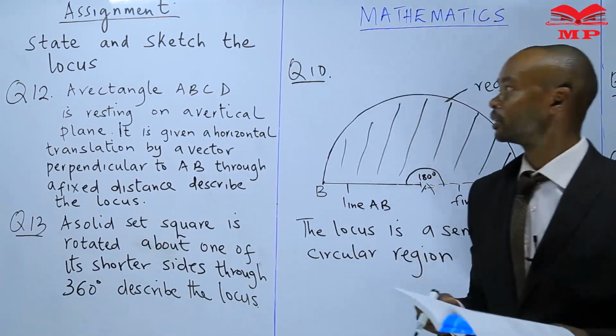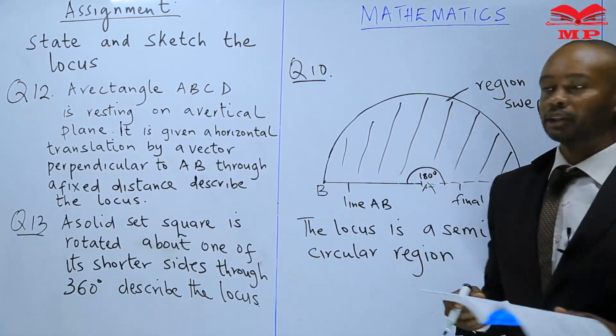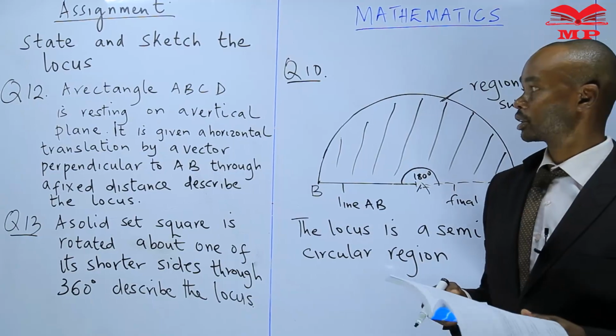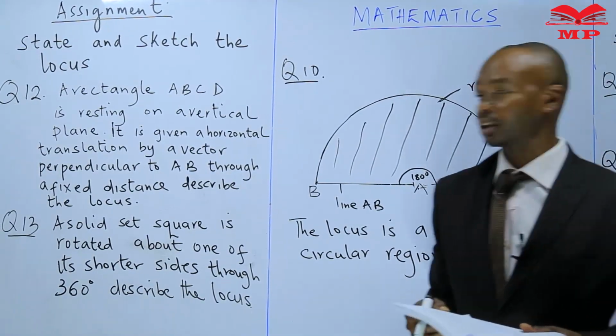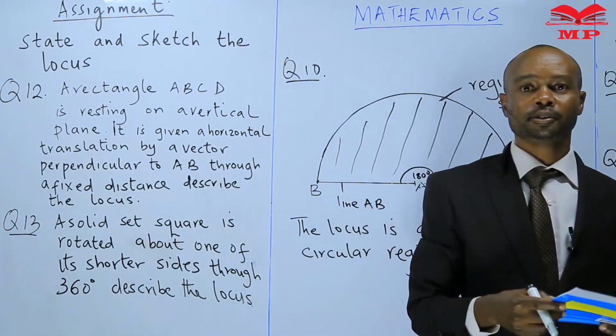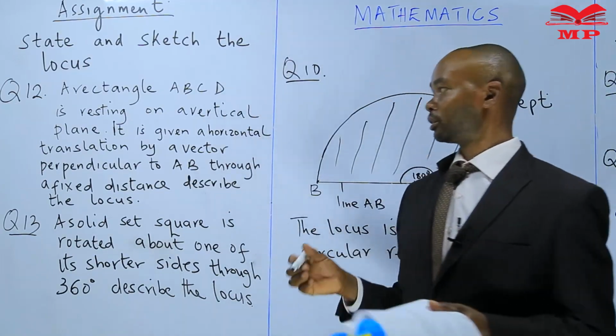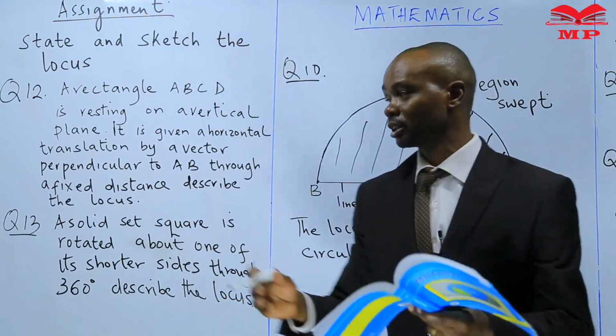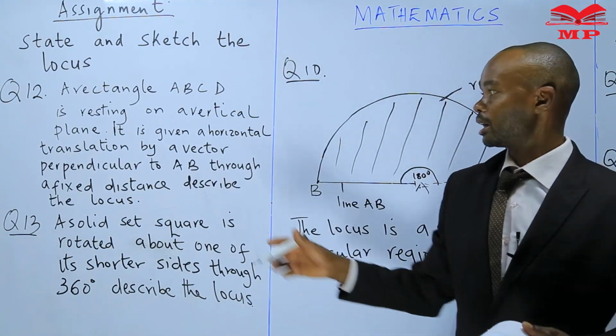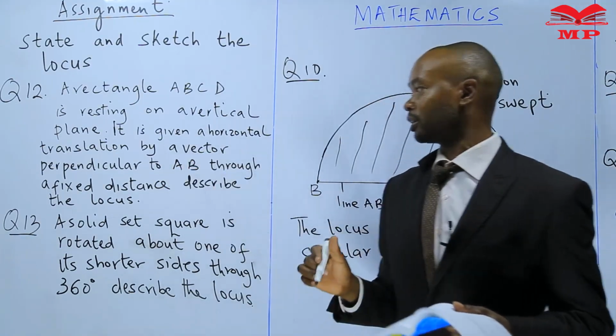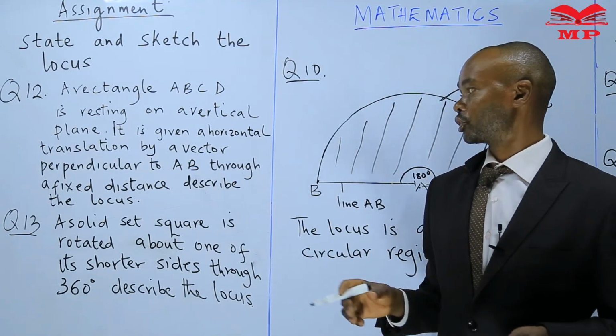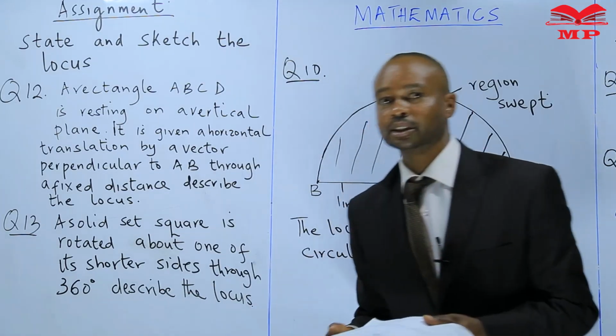Question 12: A rectangle ABCD is resting on its vertical plane. It is given a translation by a vector perpendicular to AB through a fixed distance. Describe the locus.